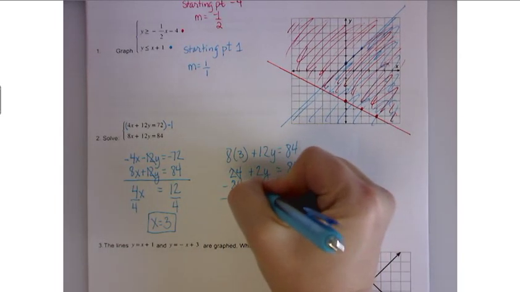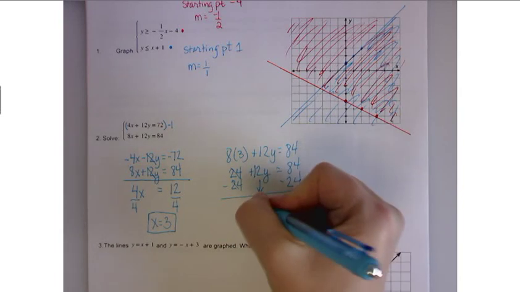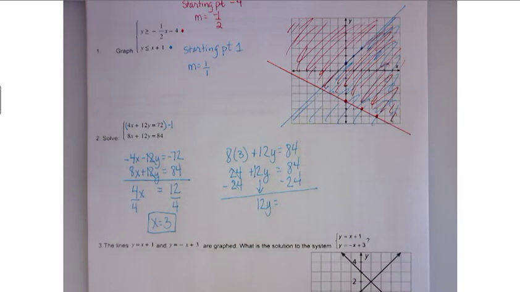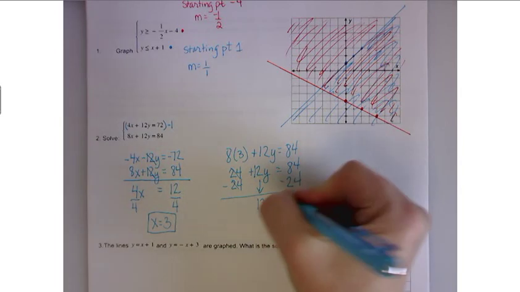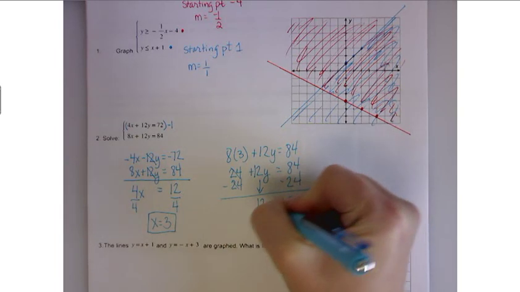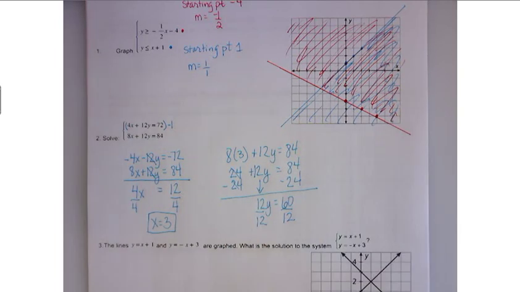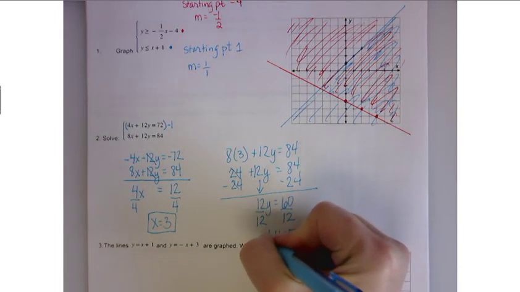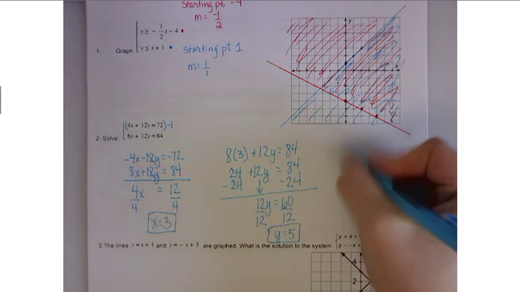I'm going to bring this 12y down. And I'm going to go 84 minus 24, I think it's going to be 60. Divide by 12. My y is going to be 5. So my answer is actually 3, 5.